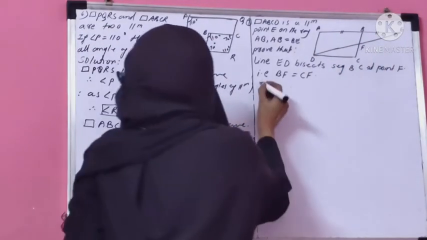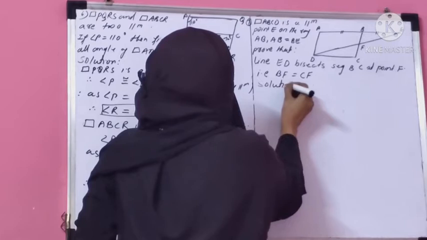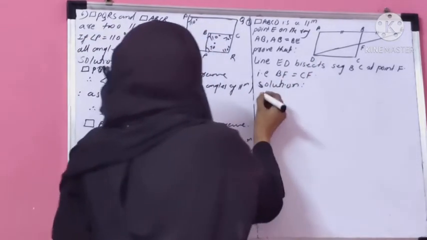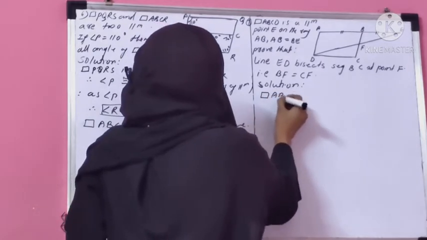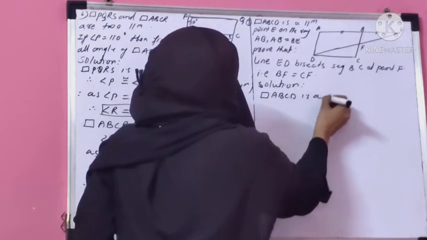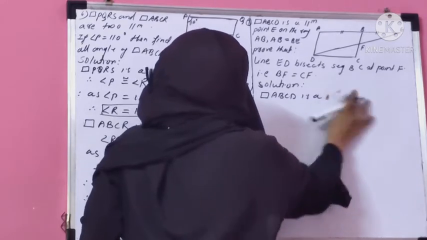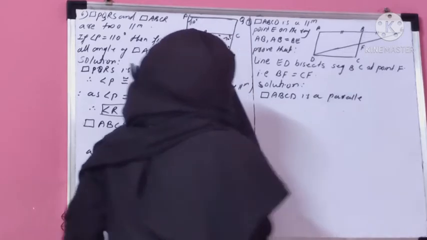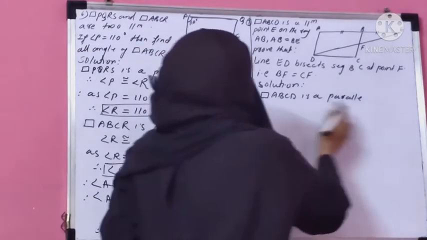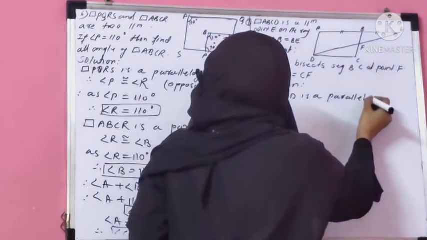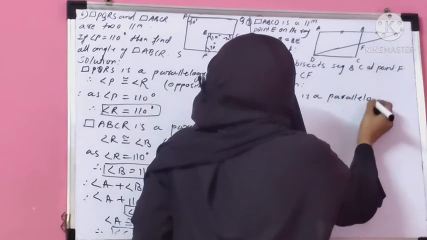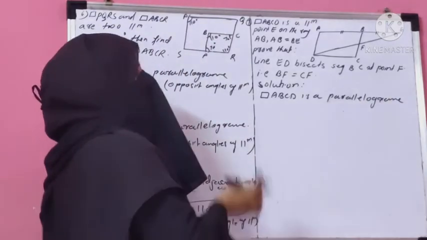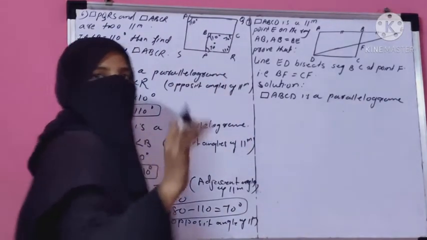Okay, so let's start your solution. First of all, this quadrilateral ABCD is a parallelogram. Then you know that the opposite sides of a parallelogram are parallel.